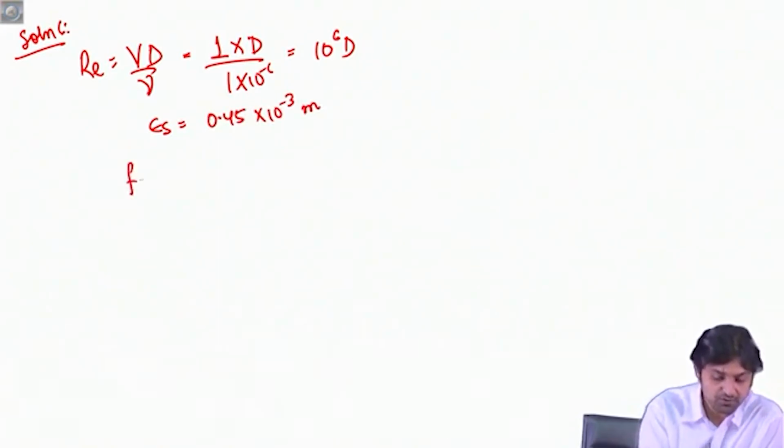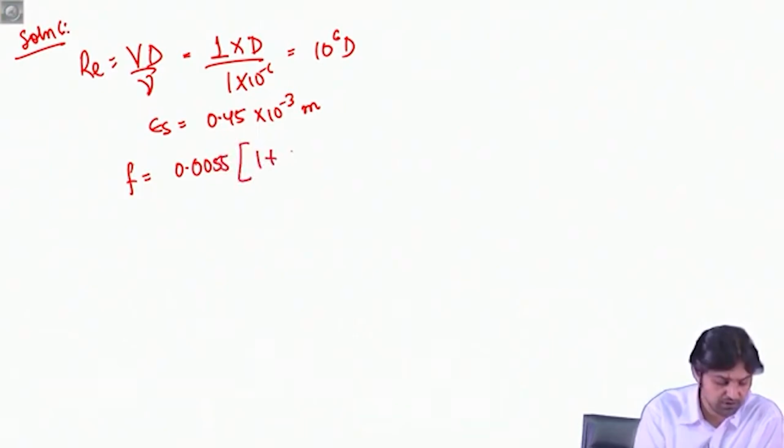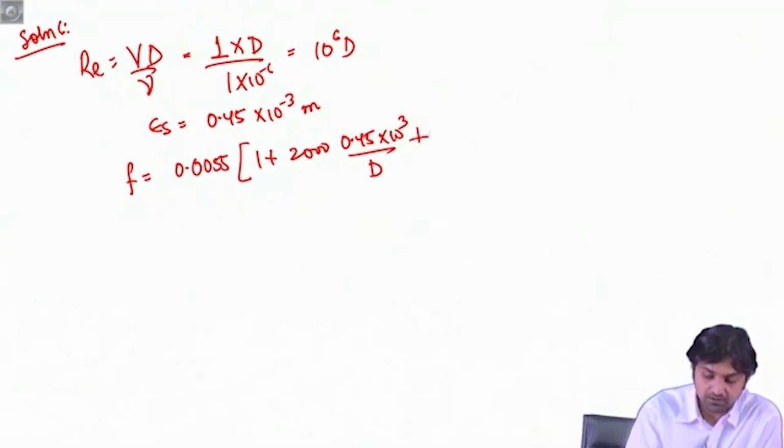Now if we substitute, most of the things we know already, into 0.45 into 10 to the power 3 by d, because d we don't know, that is what we have to find out.